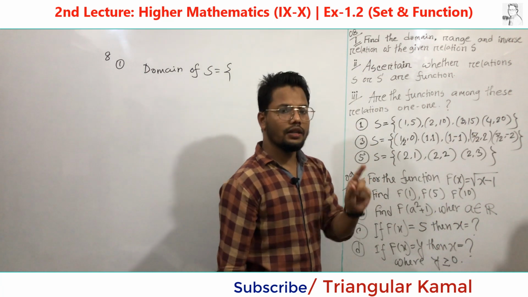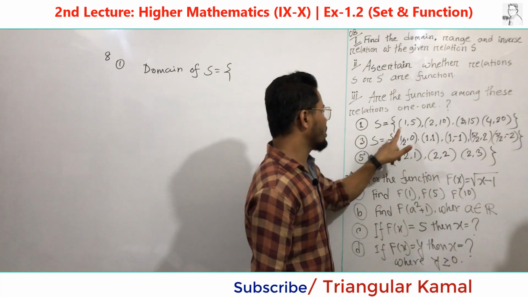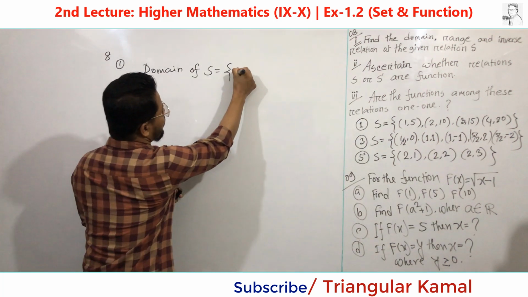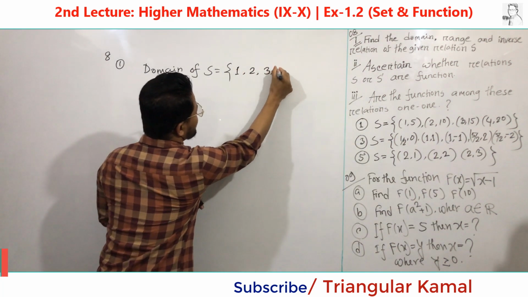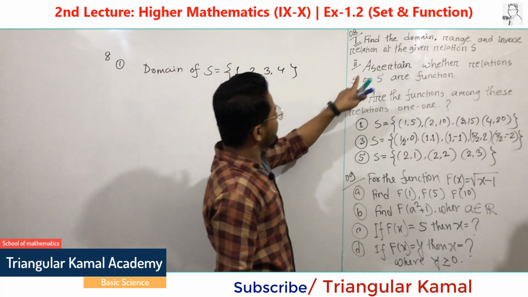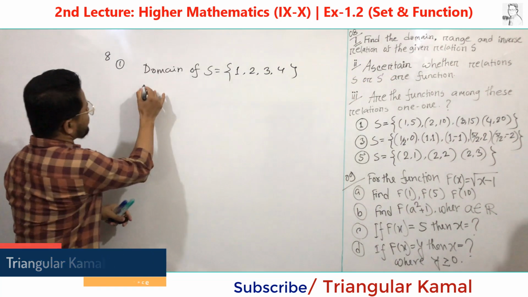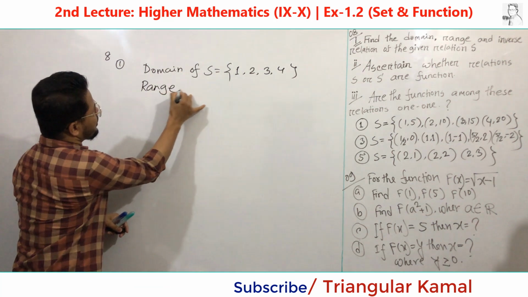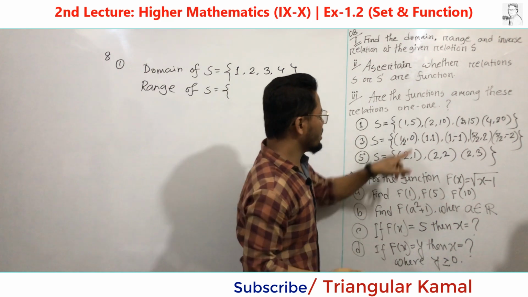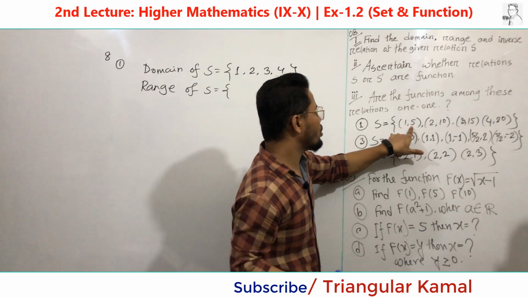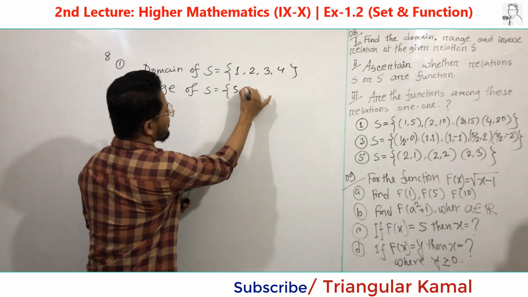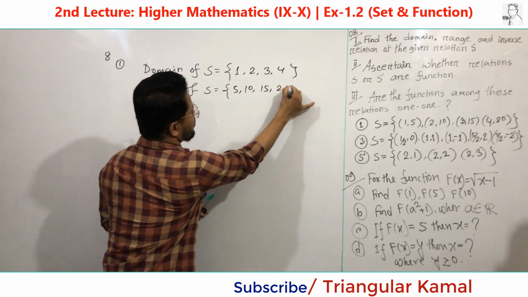So the domain is the first elements: 1, 2, 3, 4. And the range of S will be the second elements of the ordered pairs: 5, 10, 15 and 20.